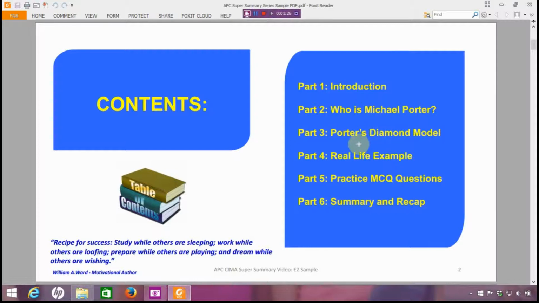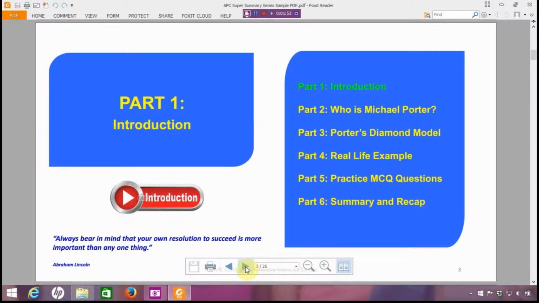We'll move then on to the model itself, its elements, and an explanation of how it works. We'll then give you a real-life example, in our case, the German car industry. And then we'll move on to some practice MCQ questions. And it's so important in your studies that you practice questions as often as possible. And then I'll finalize with a summary and a recap.